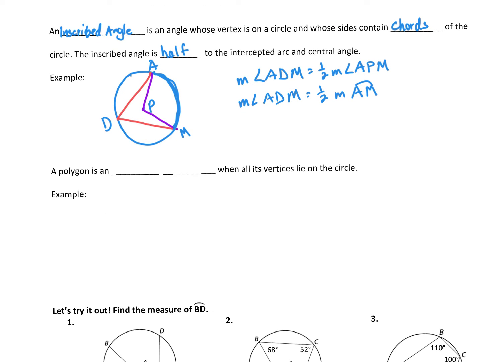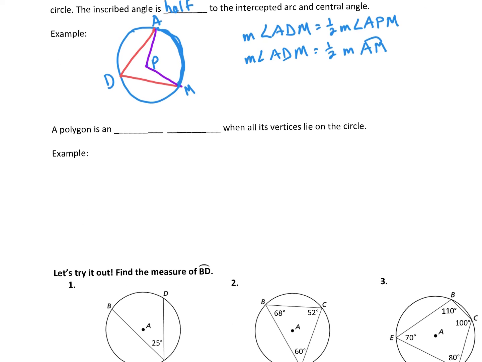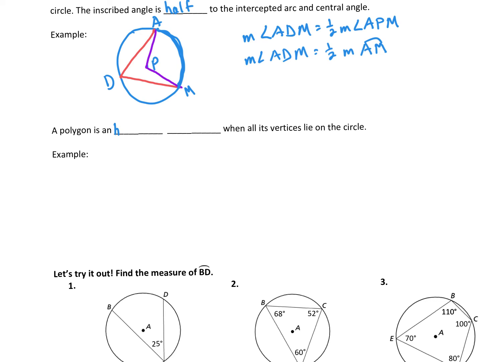A polygon then is considered an inscribed polygon when all the vertices lie on the circle.